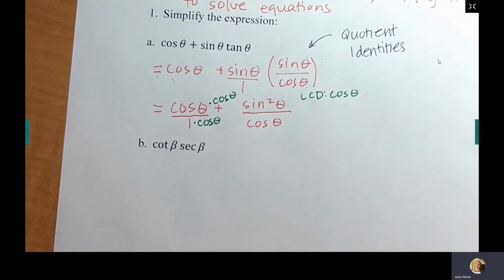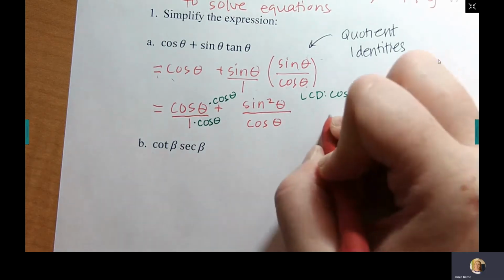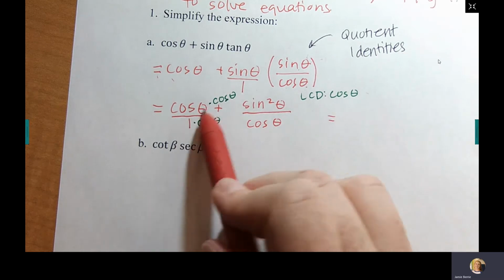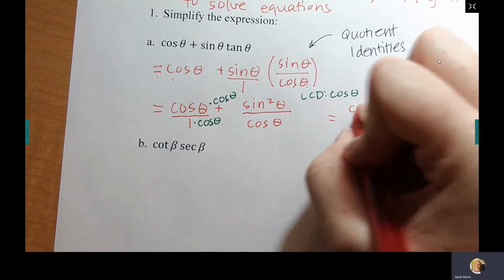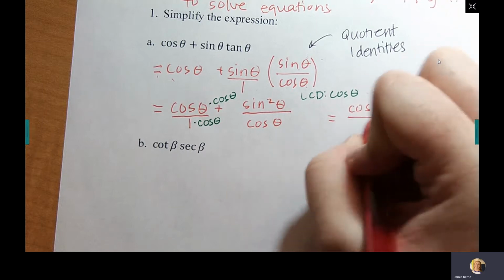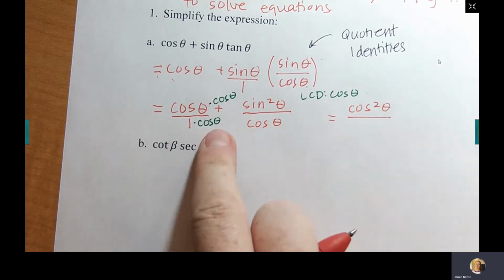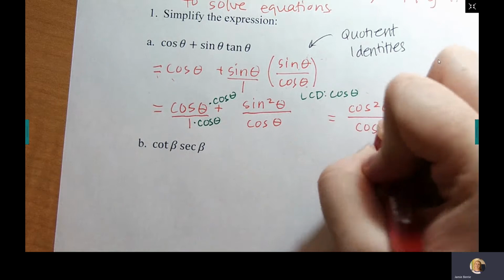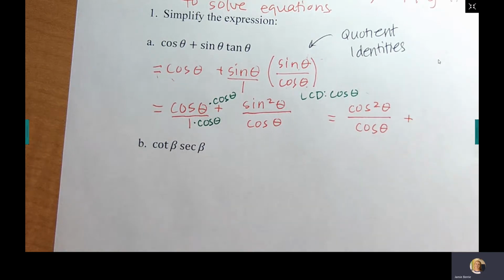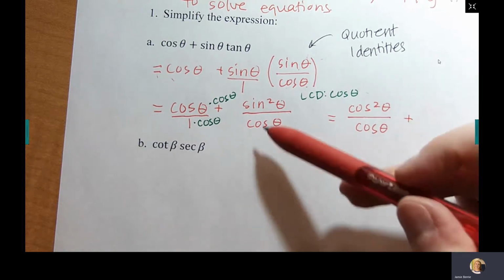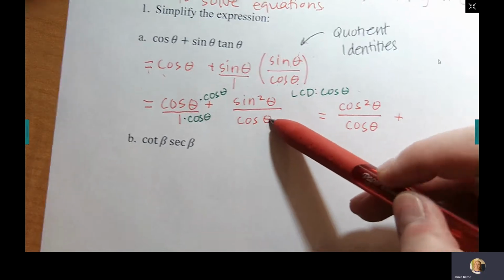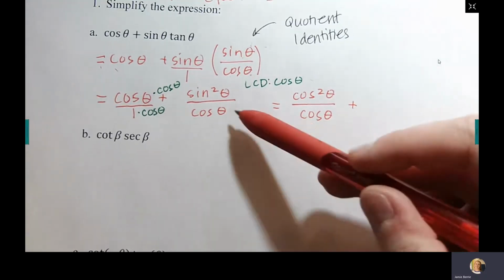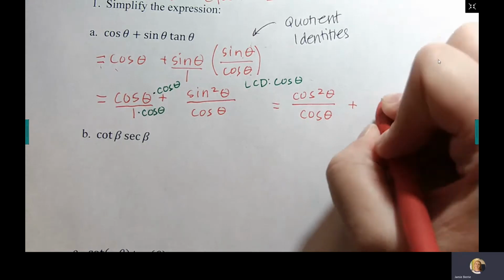So multiply the top by cosine theta as well. All right, so then we have cosine theta times cosine theta, that's cosine squared theta. So cosine squared theta all over 1 times cosine is cosine, plus, this is staying the same. We weren't missing anything out of our common denominator over here, so we're just going to copy that down. Sine squared theta over cosine theta.